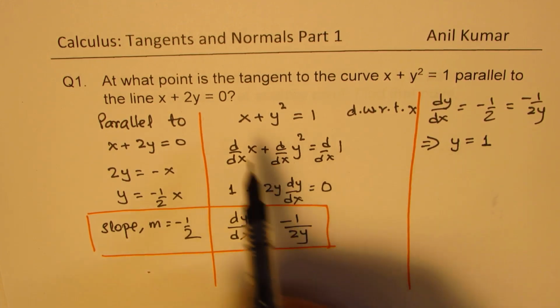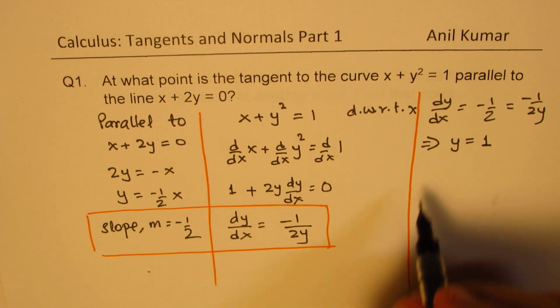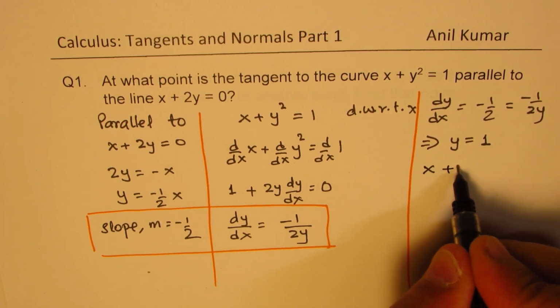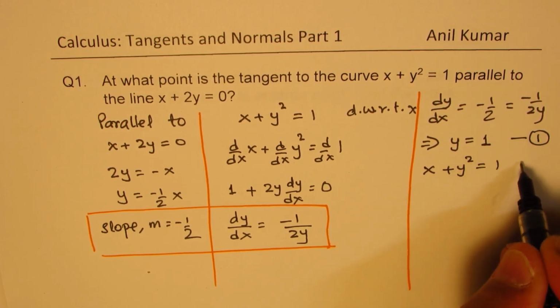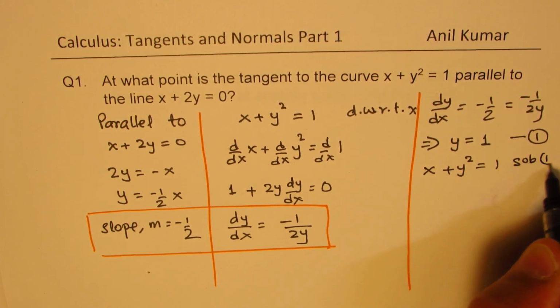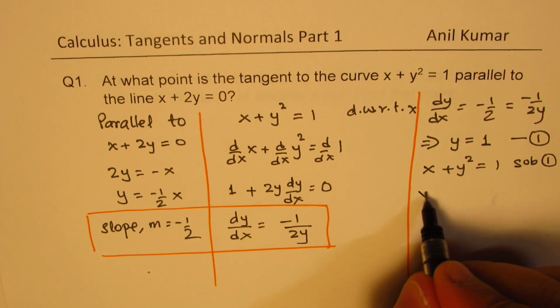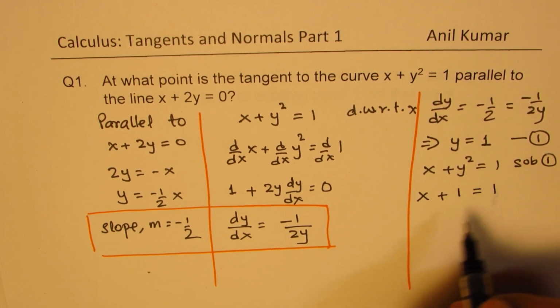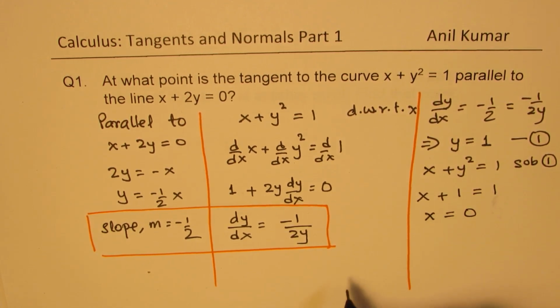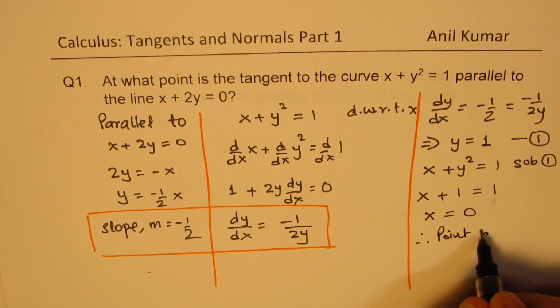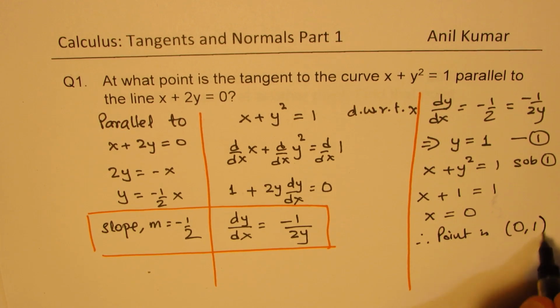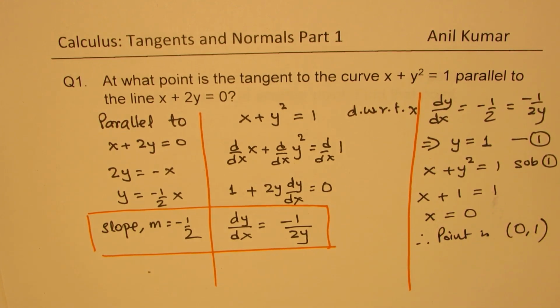Now if y is 1, what is the value of x? We have the equation x + y² = 1. Let's substitute 1 here. So we get x + 1 = 1. That means x = 0. Therefore, the point is (0, 1), correct?